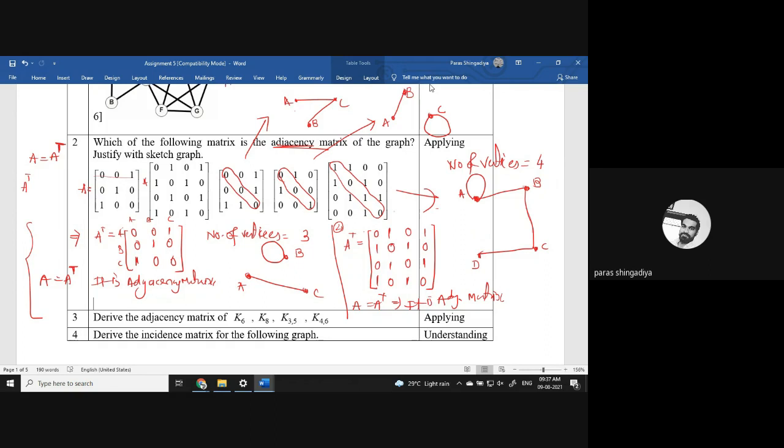And third, for C, C to B is connected and there is a loop at C. And then C to D is connected, and for D only one is there. So that is the graph of the last matrix.